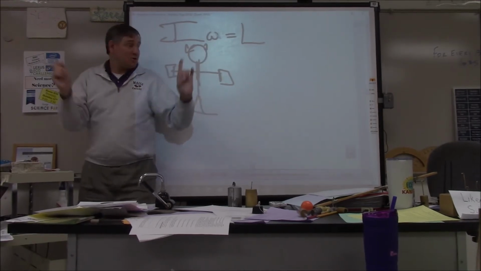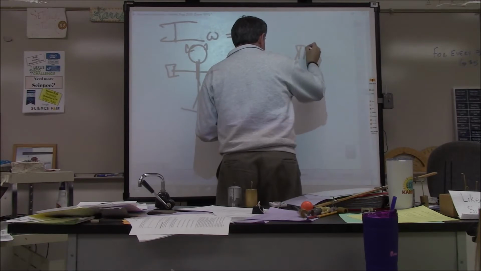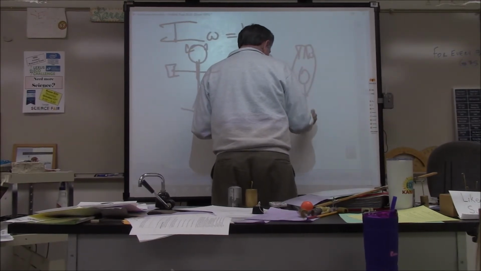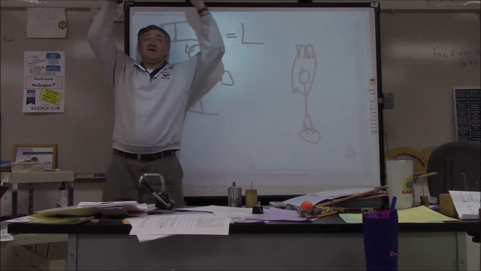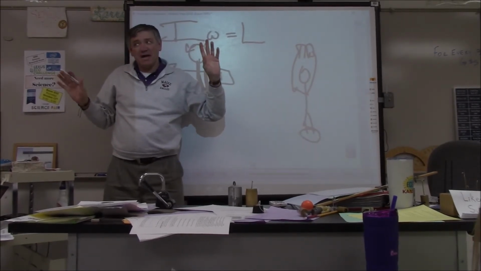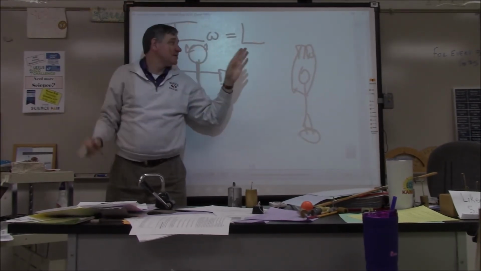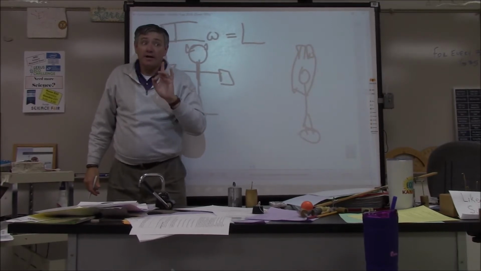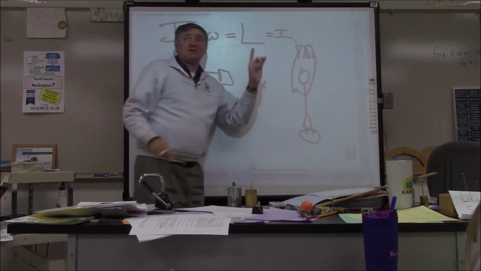Now, when she took those weights and put them up over her head, like that, my apologies, Tori, I teach physics, not art. But you've got the idea. When she did this, what happened to her moment of inertia? It got smaller. So she had a smaller I, but here's what's important.